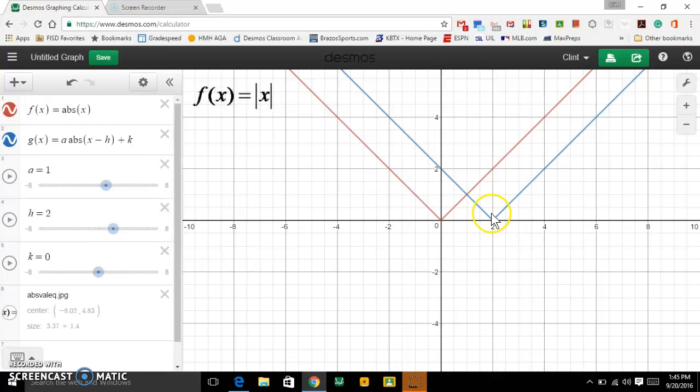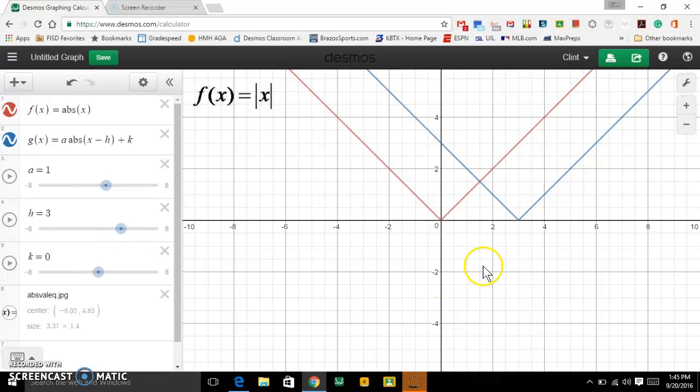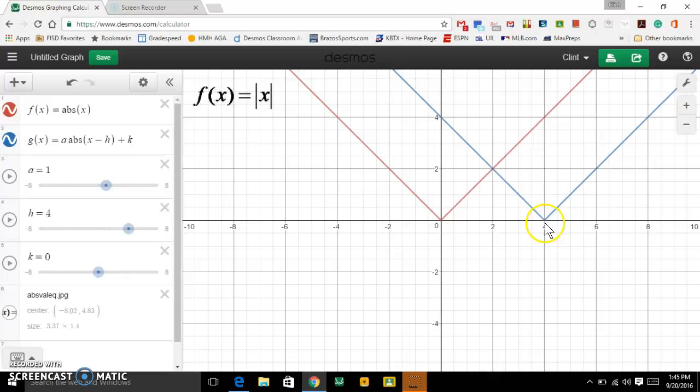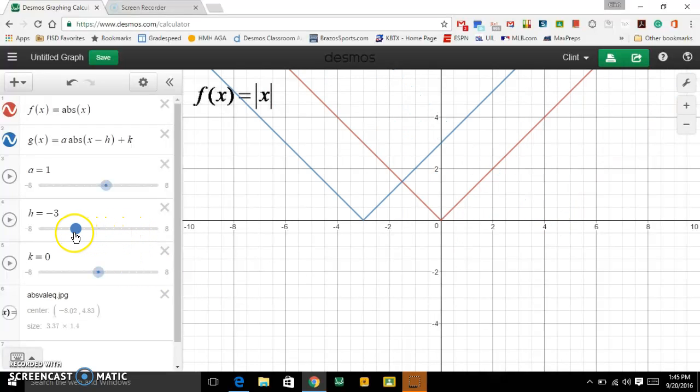What's the x value of this vertex? 2. H is 3, the vertex is at 3. H is 4, the vertex is at 4. What if H happens to be negative 3? The vertex is at negative 3. So the addition and subtraction here acts just like the translations we did in the previous unit. No big deal.